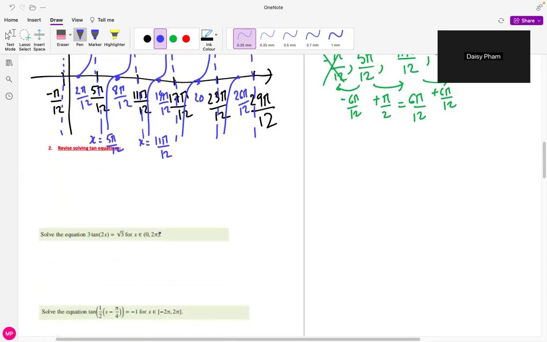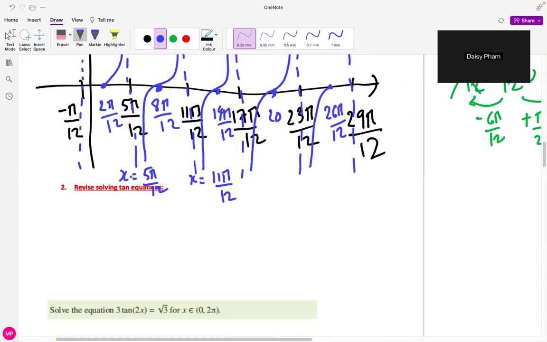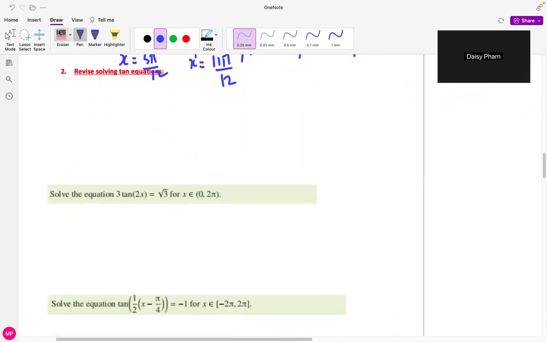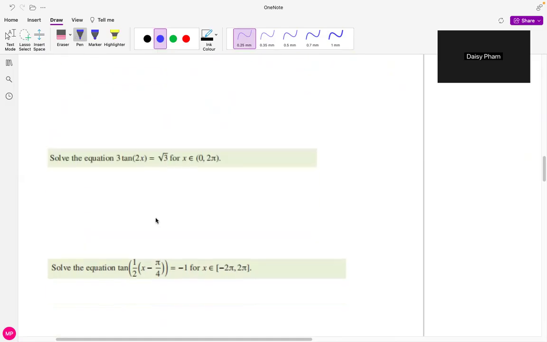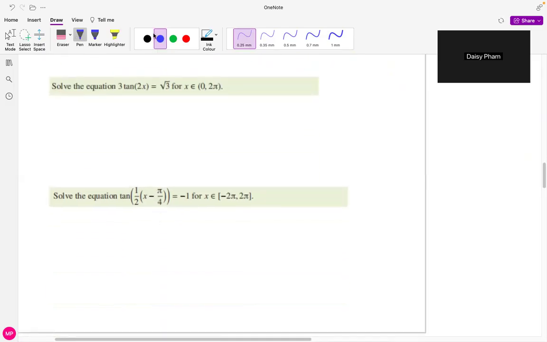Okay. Now we're going to move to how to solve tan equations. Solving tan equations is pretty much similar to solving sine and cos. We have an example here: 3 tan of 2x equals √3. So what we do, we move the 3 over by dividing by 3.